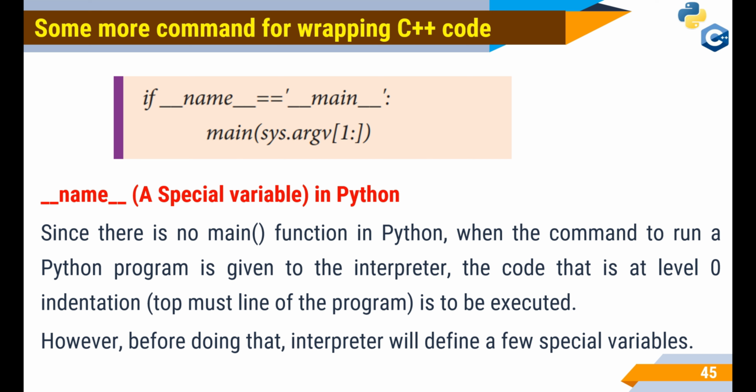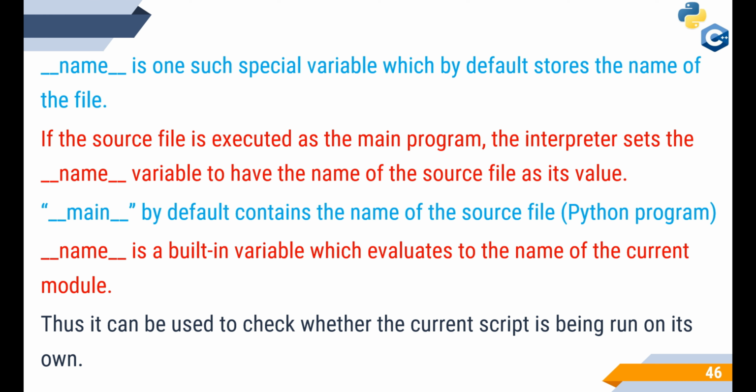Here __name__ is one such special variable, which by default stores the name of the file. If the source file is executed as the main program, the interpreter sets the __name__ variable to have the value __main__. __name__ is a built-in variable which evaluates to the name of the current module. Thus, it can be used to check whether the current script is being run on its own.